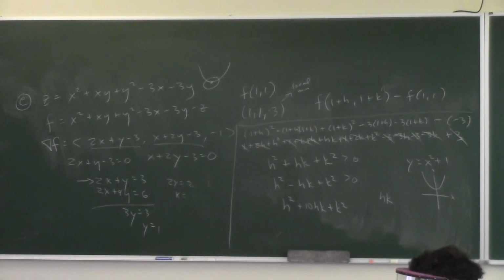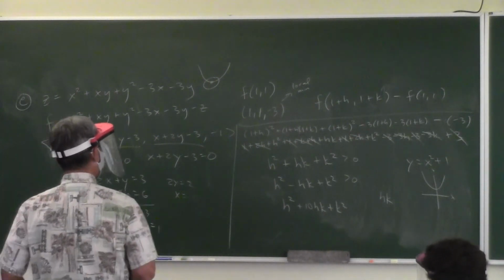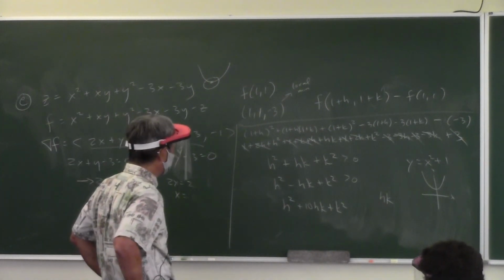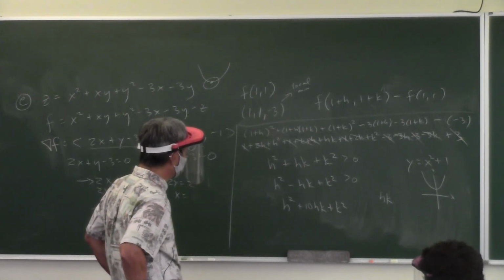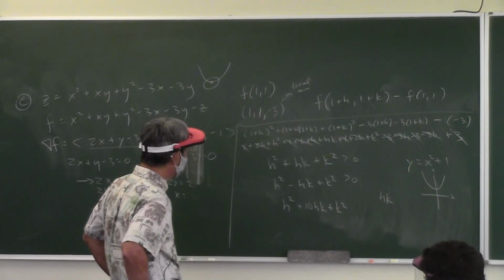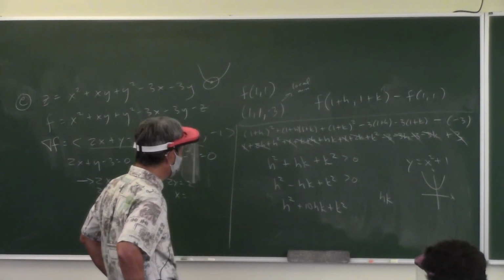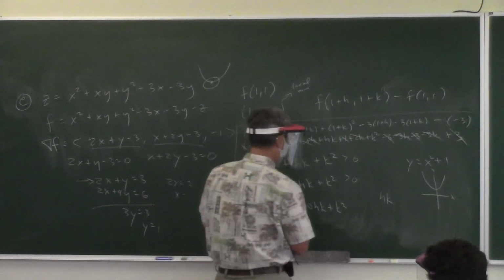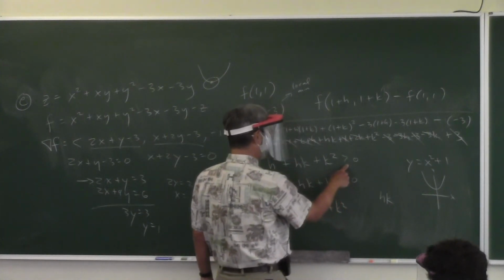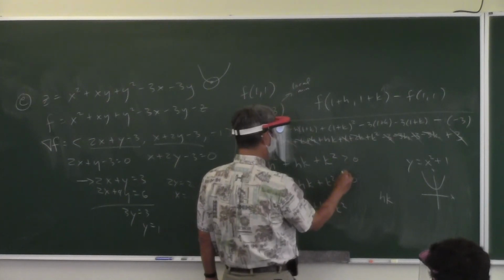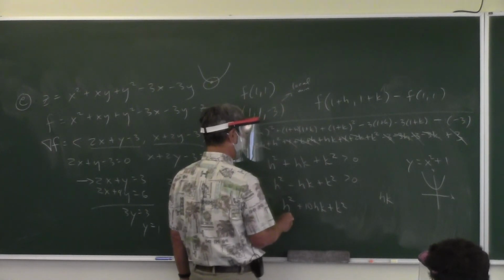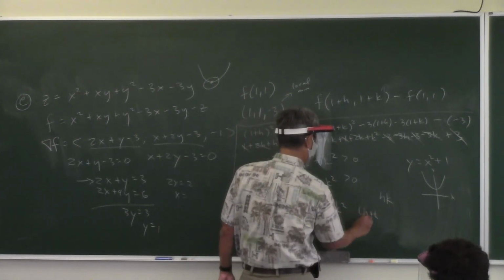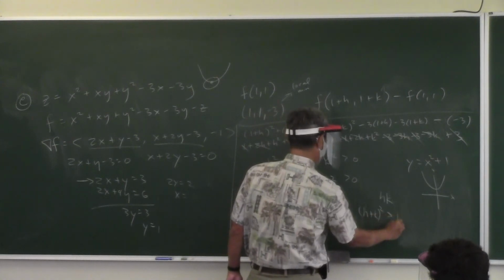This is what I was feeling. I'm putting 1 and minus 1. You can move the HK to the other side and then add 2HK, and then show a contradiction. Or just add an HK to both sides, so you get H plus K squared is greater than HK.